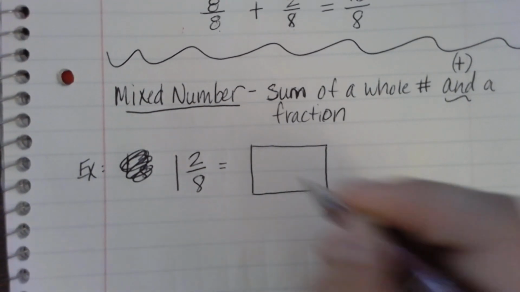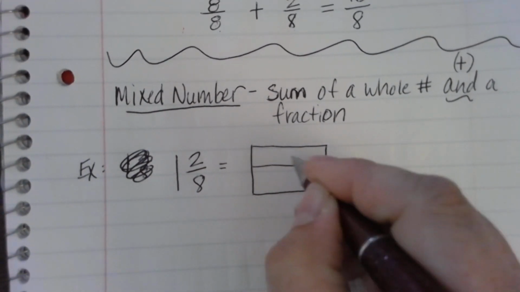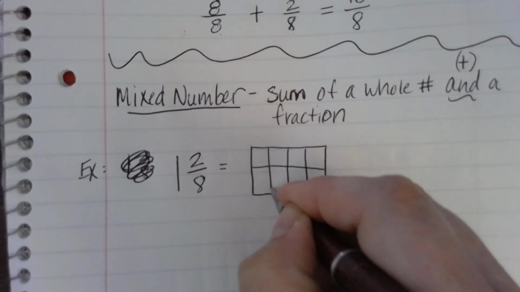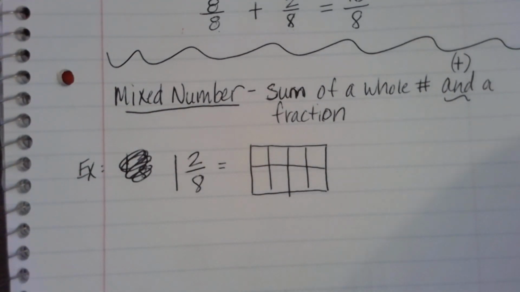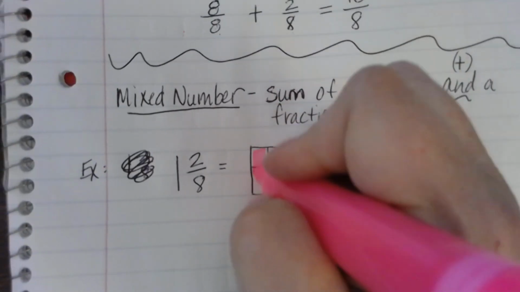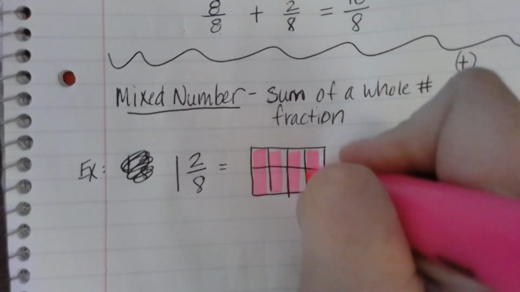So now it says that I have 1 whole. If I have a whole, it has 8 pieces. If it's 1 whole, how much of it am I going to shade? Isaac, what do you think? The whole thing, all of it. This is 1 whole cake.